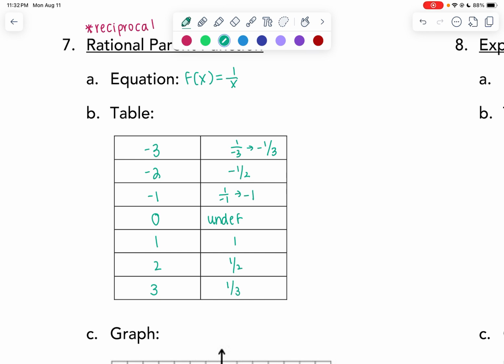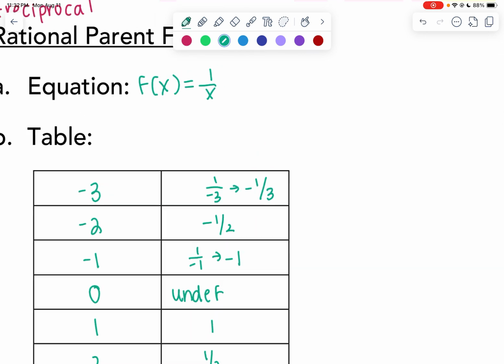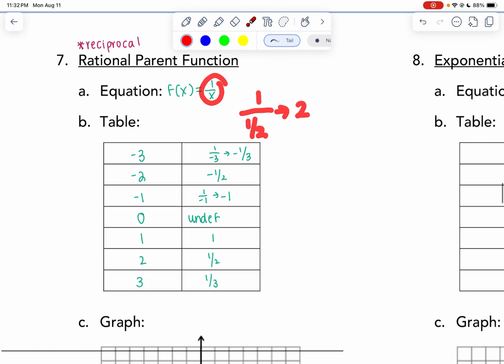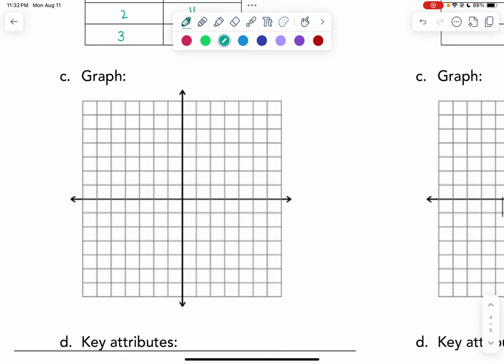Now, where you have to be careful with rationals is that this might start to look kind of linear, but it's actually not. Because if you plugged a fraction in, if you have 1 divided by a half, that ends up becoming 2. So if you have a half at 2, but if you have 2 at a half, it ends up giving you these kind of curves in your quadrant.